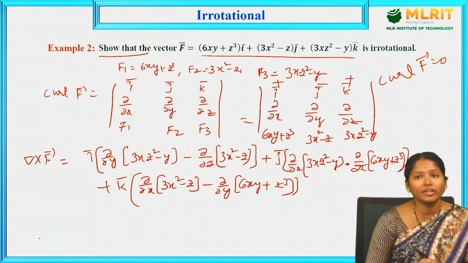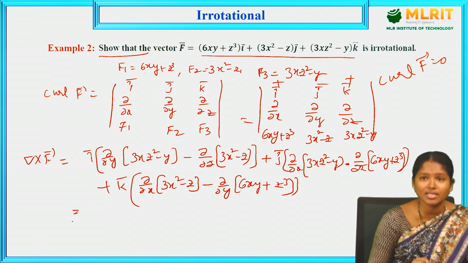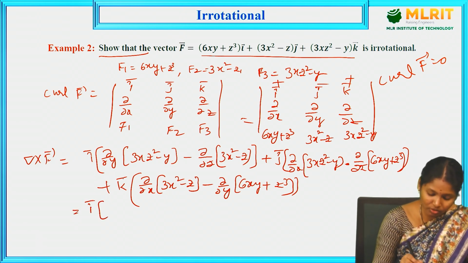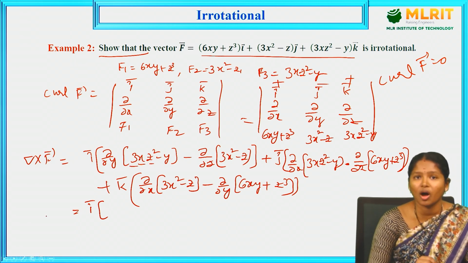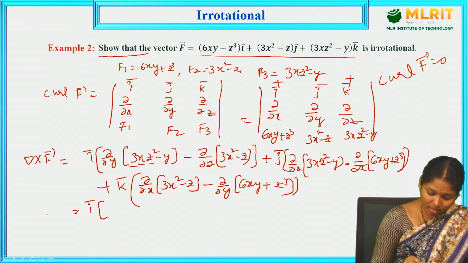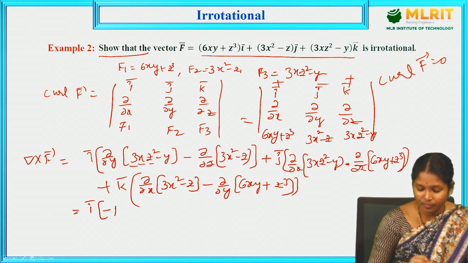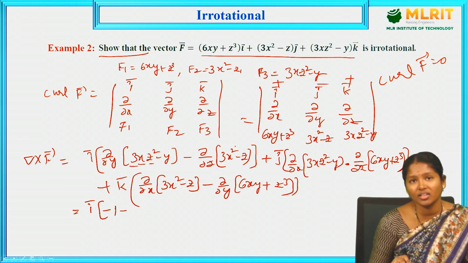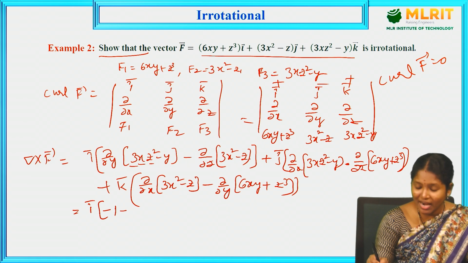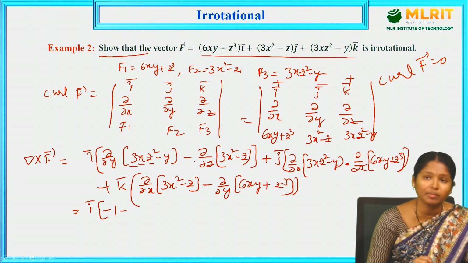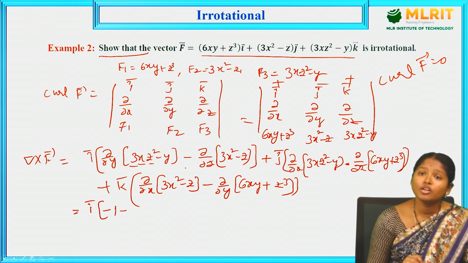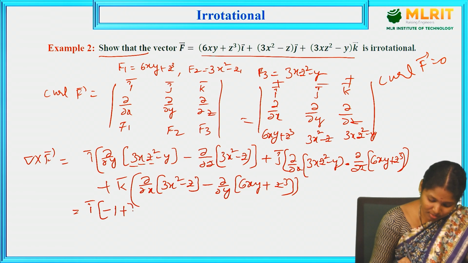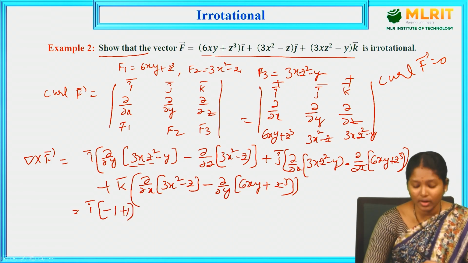So we will differentiate with respect to y, x, z. So i bar: with respect to y you are differentiating, so x, z, 3 are constant, derivative is 0, and minus y derivative is 1. So here minus, 3x square is constant, derivative is 0. Here minus z derivative is minus 1, already minus is there, so minus into minus is plus. So plus 1.